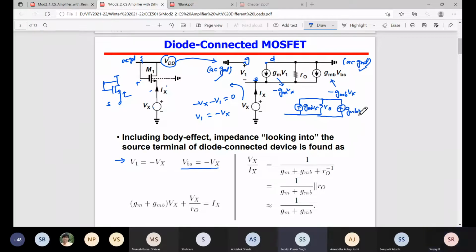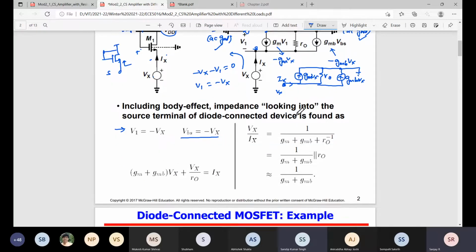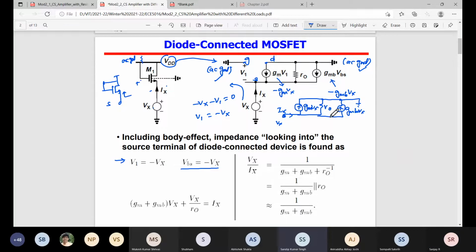So here the top one is AC grounded. Here we are applying Vx, finding Ix. Is it clear? Any doubts here? No, sir.